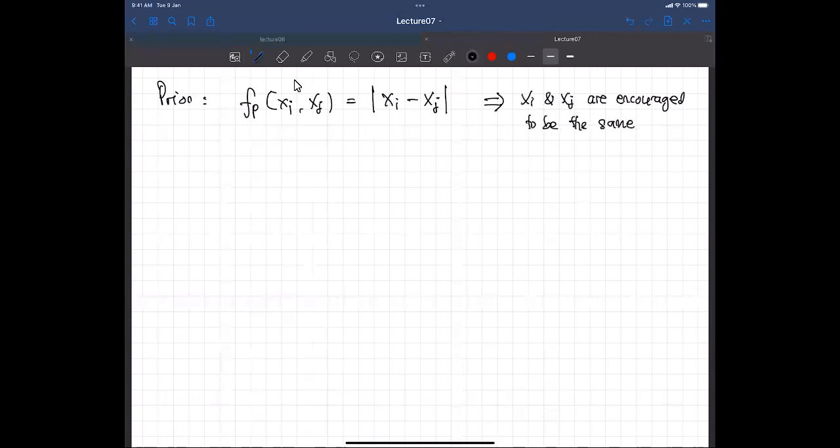This kind of idea is called a smoothness constraint. Why is it called that? Well, it becomes smooth: 1 and 1, 0 and 0. There are no up and down patterns in your pixels.